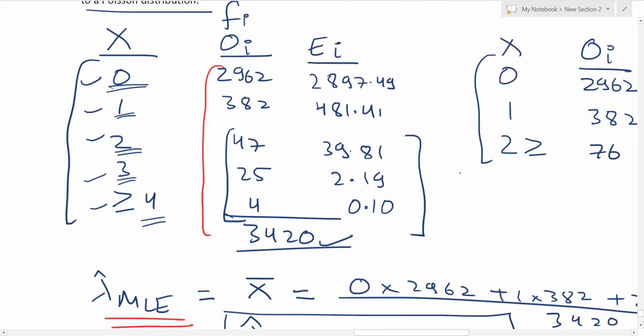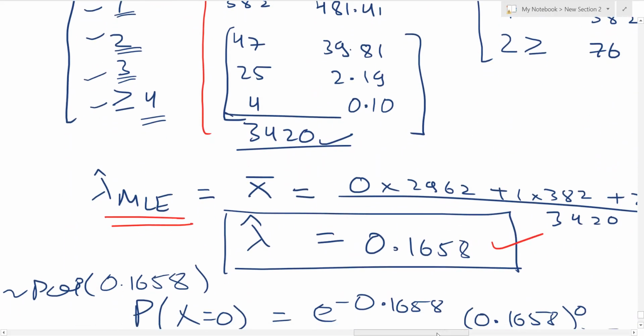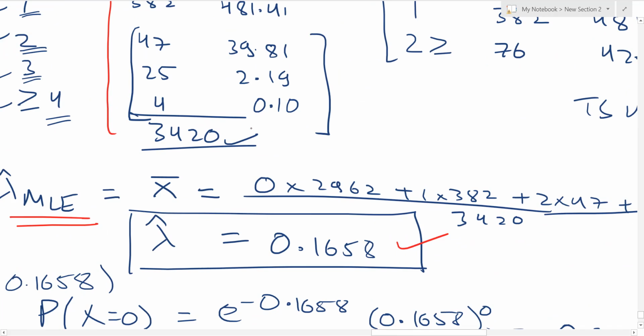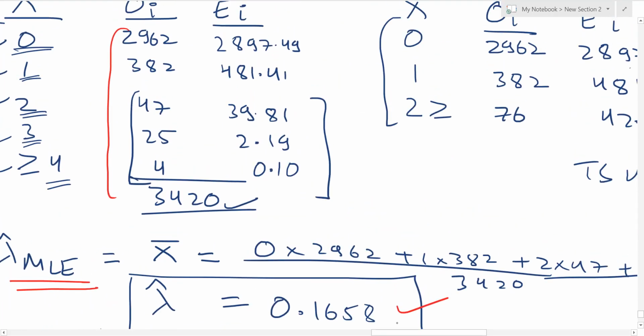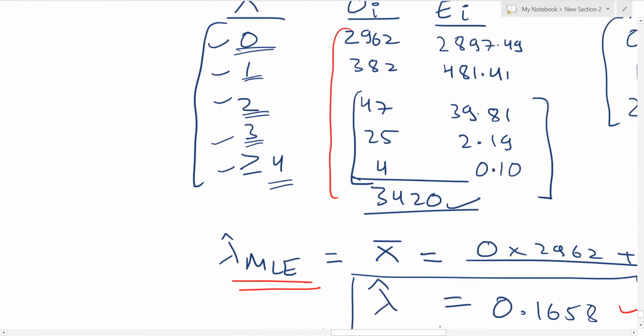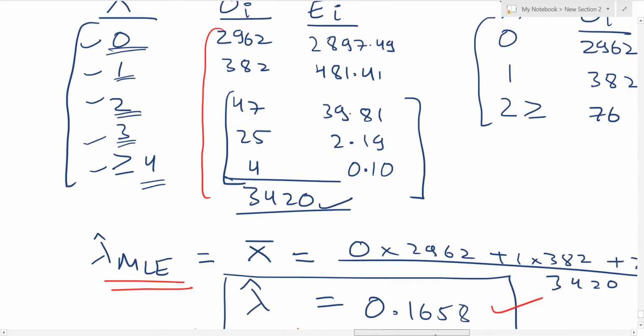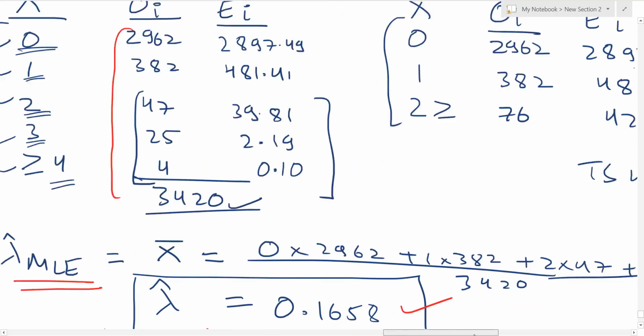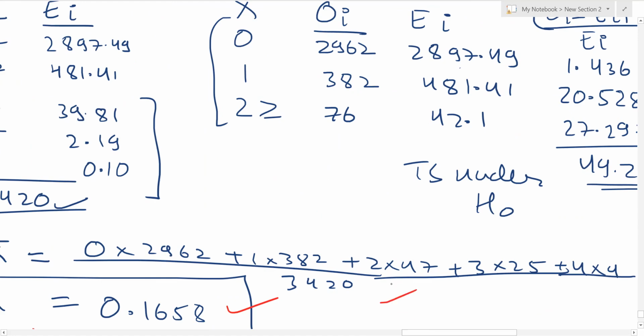So whenever you use the existing observed data to calculate the parameter value that you are taking, then 1 degree of freedom is lost. I'll discuss the logic behind this very soon, but right now you just need to know the rule. Lambda was one parameter that we estimated through the observed data.